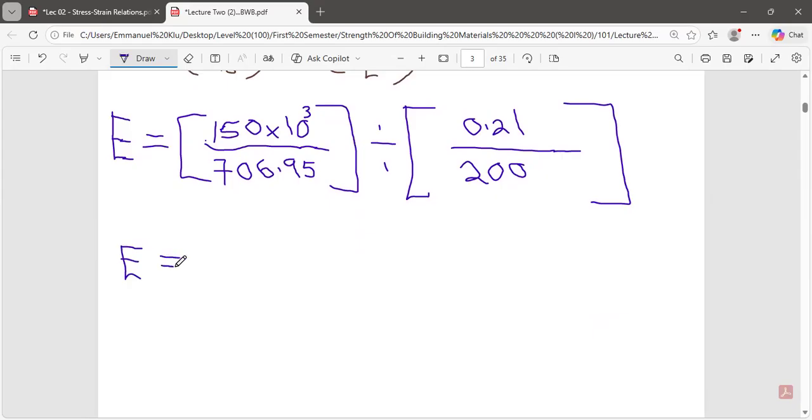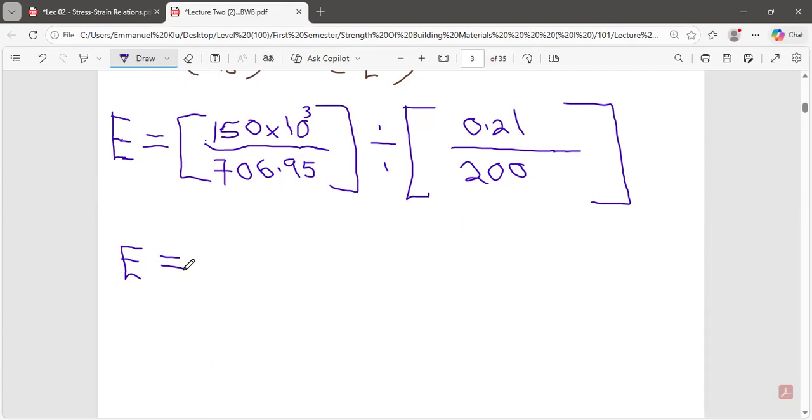Failure to add unit to your answer will cause you to be penalized. So please, let's all punch this together. Take your calculators. That is 150 times 10 exponent 3 over 706.95.